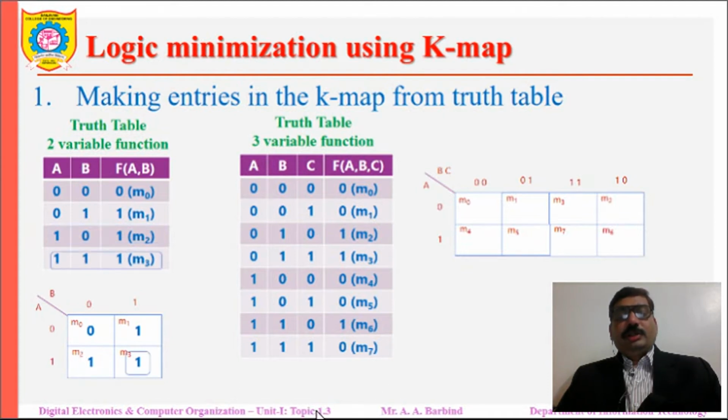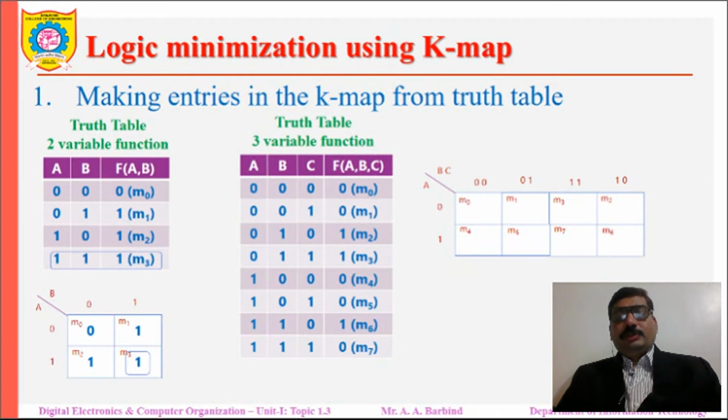And like that the last row, for which A and B are 1 1, goes into this particular cell. So we are writing the K-map for each output function. This particular logic function has only one output, so we have written one K-map for this.